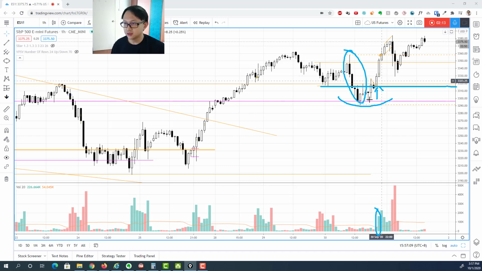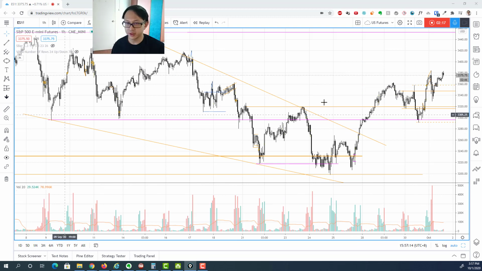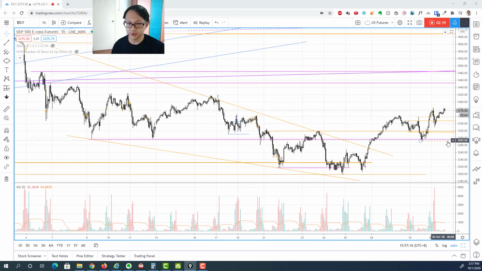If I zoom out a little bit, you can see where this support level, the pink line 32.95, comes from. It originated from about 9 here. We have a few touches there, and it also penetrated through and got some resistance.